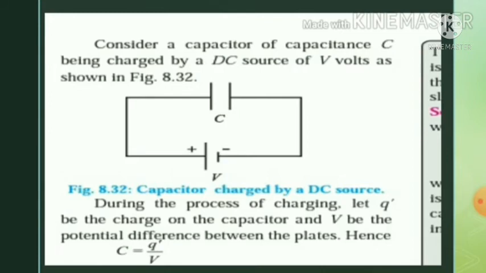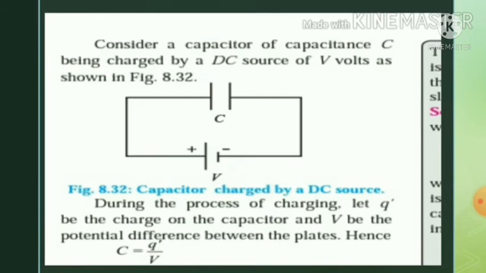The positive terminal of the source of potential is connected to the first plate of the capacitor, and the negative terminal is connected to the second plate of the capacitor, as shown in figure 8.32.